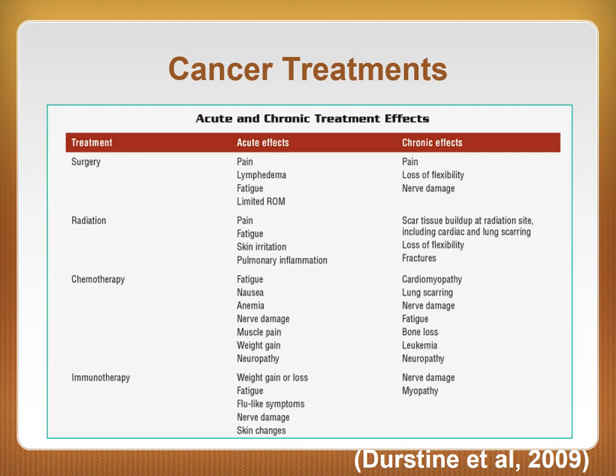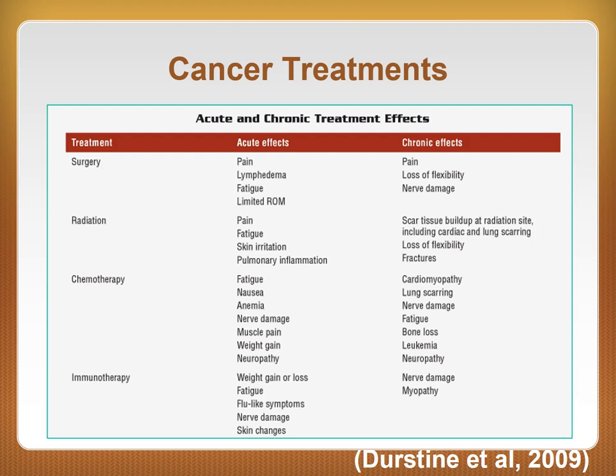This slide demonstrates the acute and chronic treatment effects of some commonly used treatments. When used to treat cancer, surgery is a procedure in which a surgeon removes cancer from your body. The acute effects include pain, lymphedema, fatigue, and limited range of motion, and the chronic effects are pain, loss of flexibility, and nerve damage.